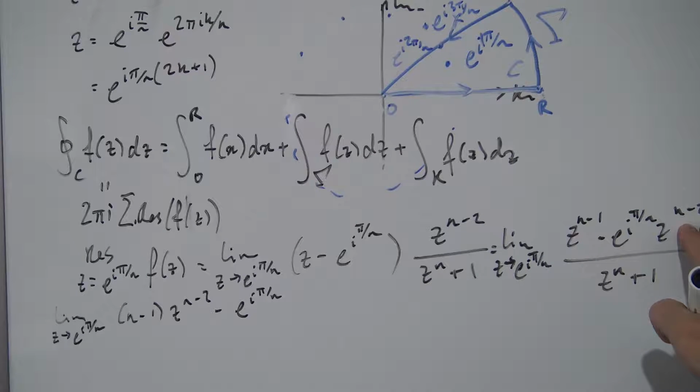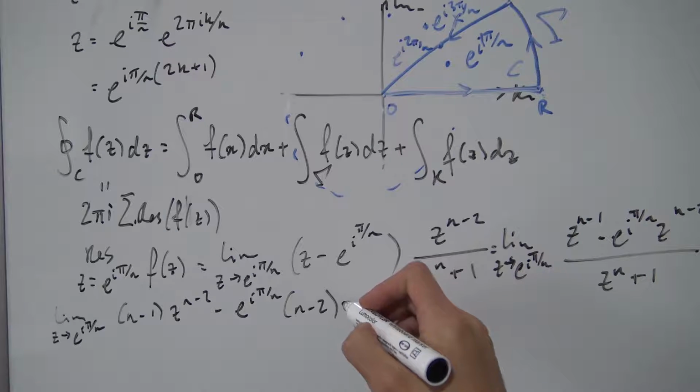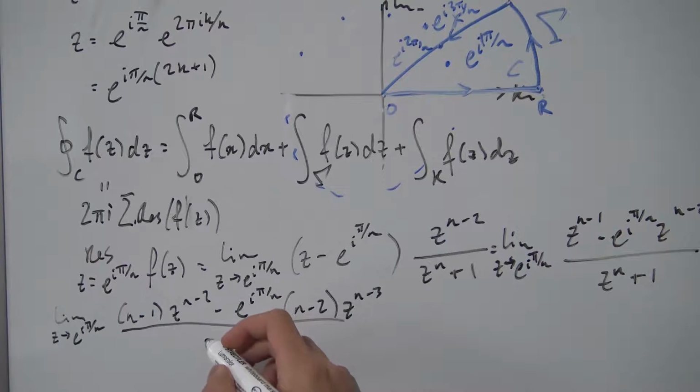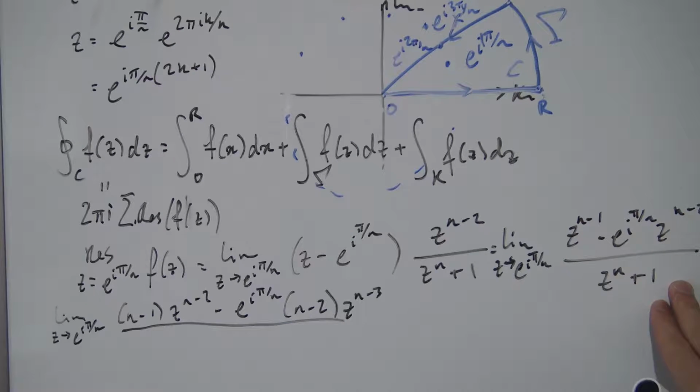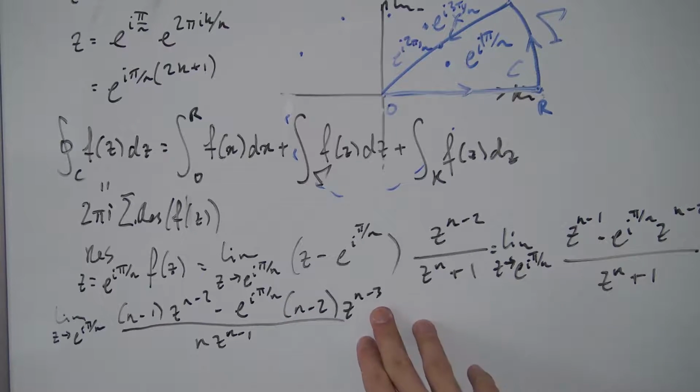Now for this part, we're going to have n minus 2, so drag that power down, then z to the n minus 3. Okay, and all of that divided by the derivative of the bottom right here, which is just n times z to the n minus 1. Okay, so we've differentiated the top and the bottom, and now we don't have any problems with zeros appearing in the denominator anymore, because if you plug this in here, we're not going to get a 0.